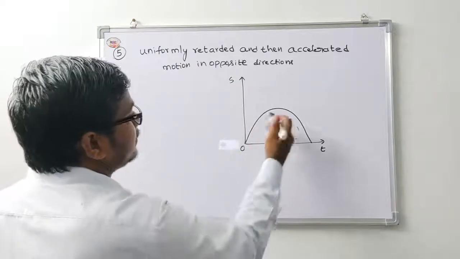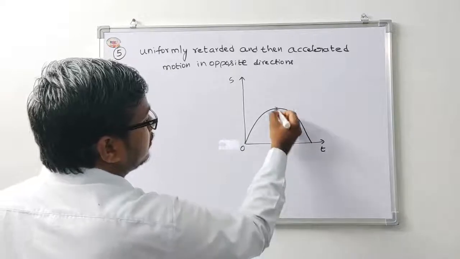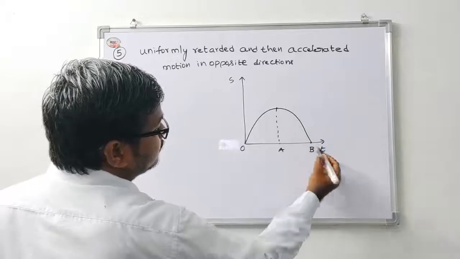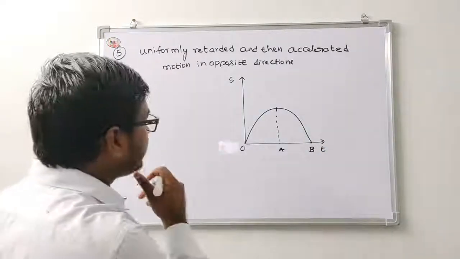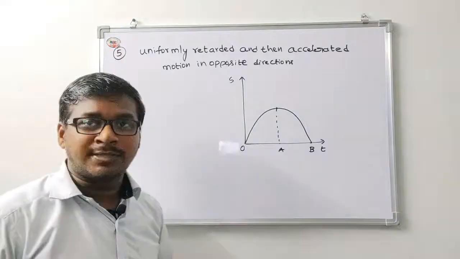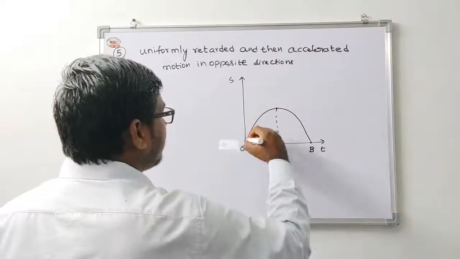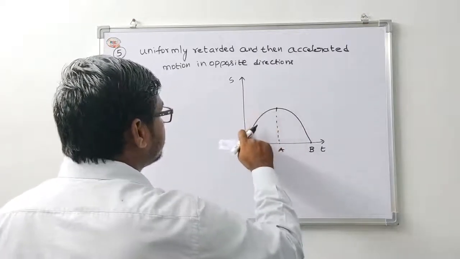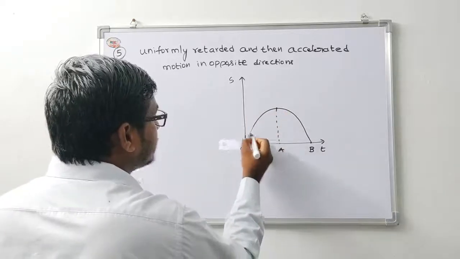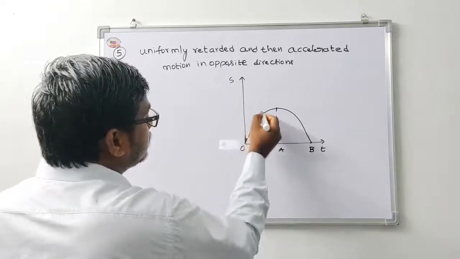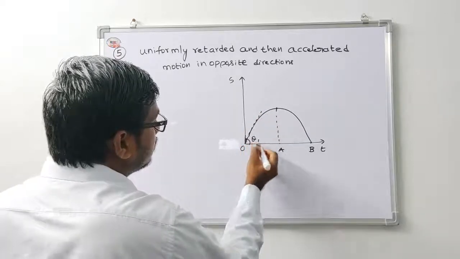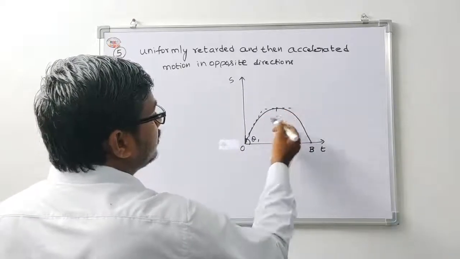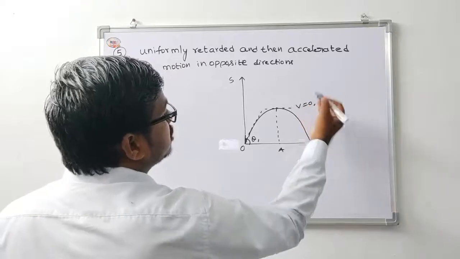The point O is the origin, this is the highest point A, and this one is B. Okay, the body is moving, the particle is projected with initial velocity u, positive, making angle theta 1. So draw the tangent line. At the highest point, the velocity is equal to 0.